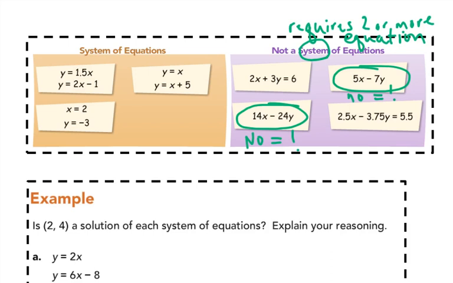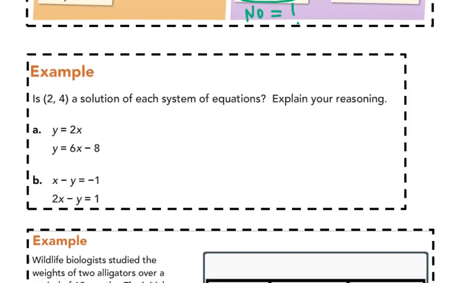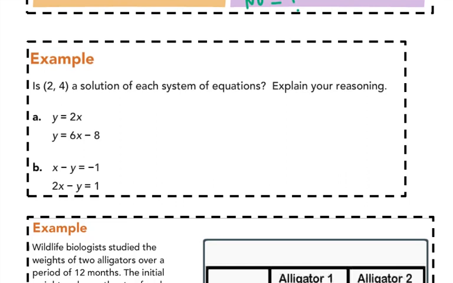All right, next we have an example where we're asked, is (2, 4) a solution to each of the systems below? And explain your reasoning.